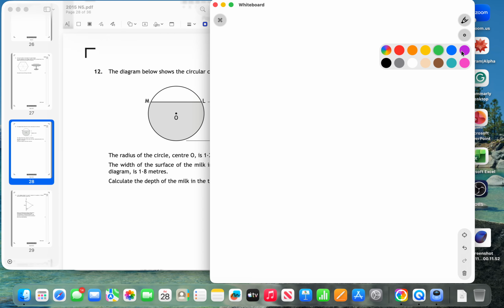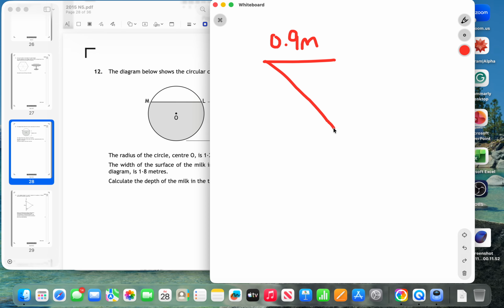Doing an even better sketch, we get 0.9 meters. We get 1.2 meters, and we have this as x.